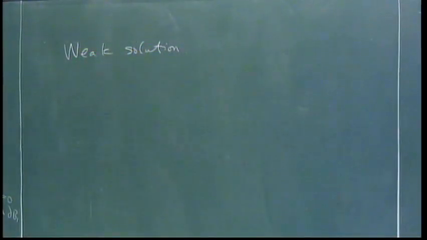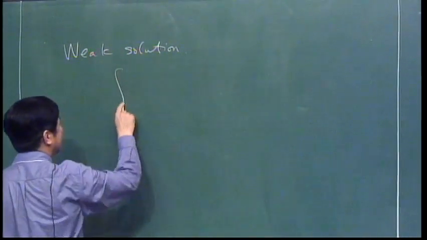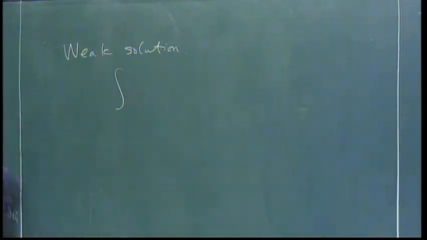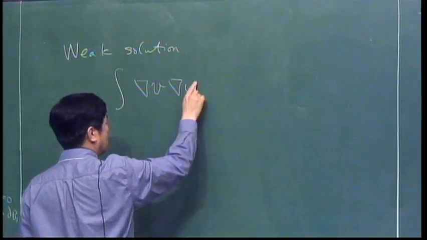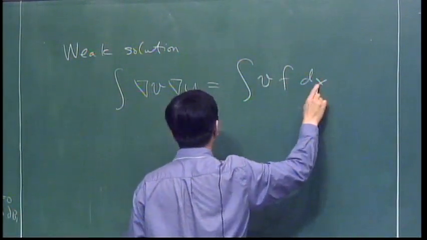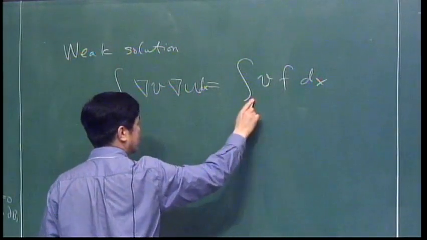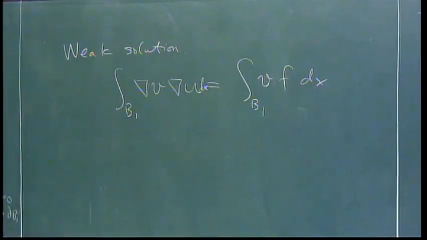Namely that, let me put a minus sign to make the algebra a little bit prettier, I multiply the equation by V, integrate. Then I define this identity as my understanding of the PDE.